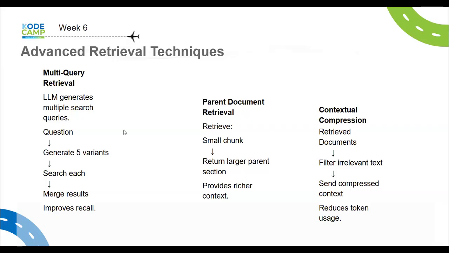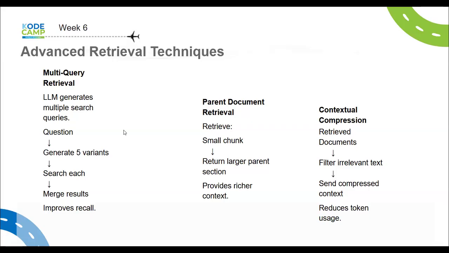So not only are you chunking a document into smaller chunks, but in the metadata for each chunk, you still have a reference, maybe either the page number or the section number or the link, some kind of reference to the larger parent document or parent section, maybe even the whole page from which that chunk was taken. You maintain a reference to that in the small chunk.